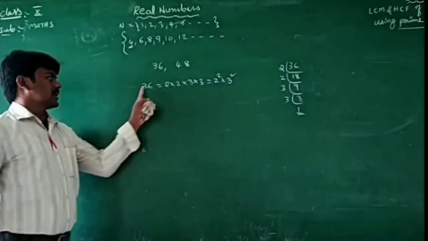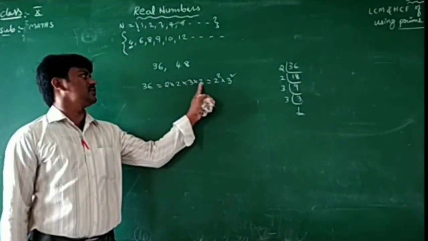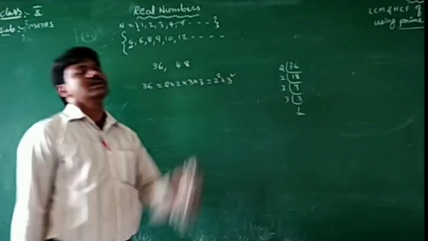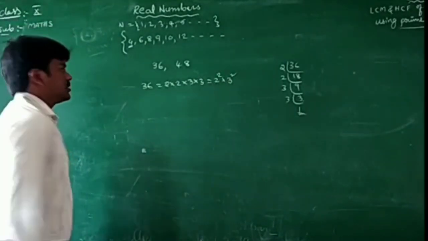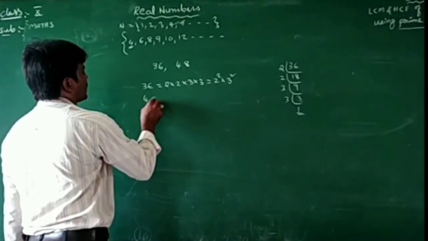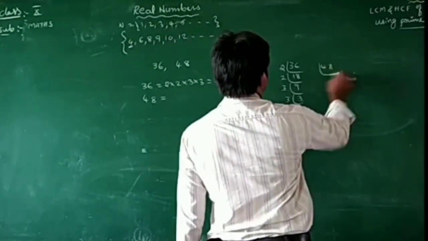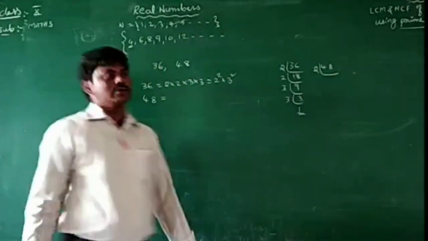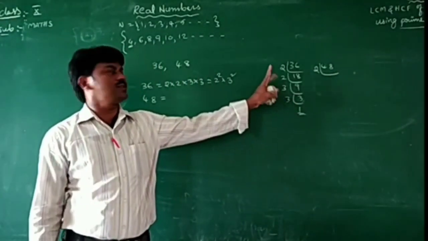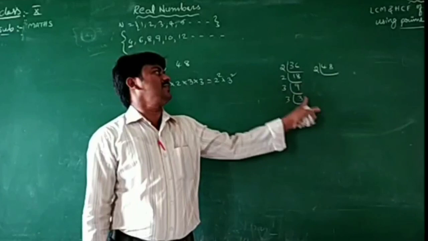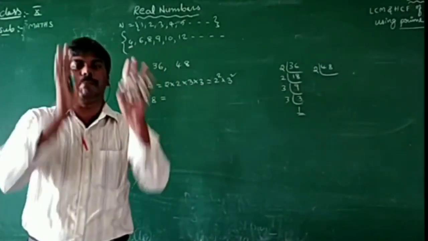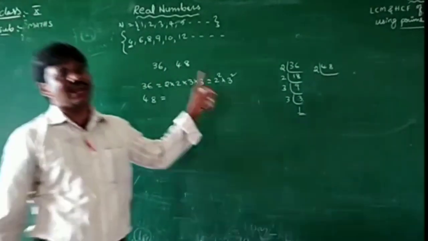Okay, right? So 36 can be written as 2 into 2 into 3 into 3, that is 2 square into 3 square. Now 48. How to write the factorization of 48? The least prime is 2. Students, again remember that while finding factors we should use only primes, because it is prime factorization.